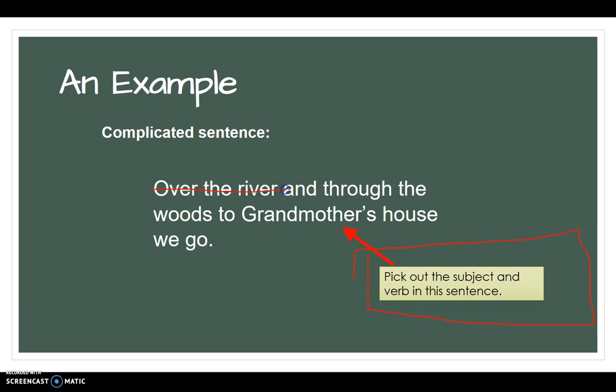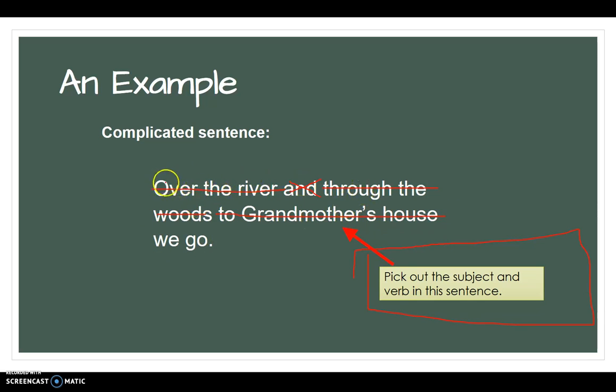So over the river, that is a prepositional phrase. Through the woods is another prepositional phrase. To grandmother's house, okay, and then we go.